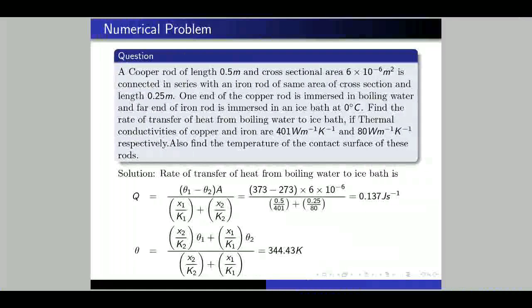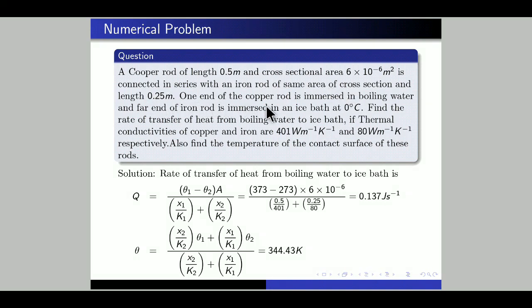Now to understand this, we will solve a numerical problem. The question is: a copper rod of length 0.5 meter and cross sectional area 6 into 10 power minus 6 meter square is connected in series with an iron rod of the same area of cross section and length 0.25 meter.